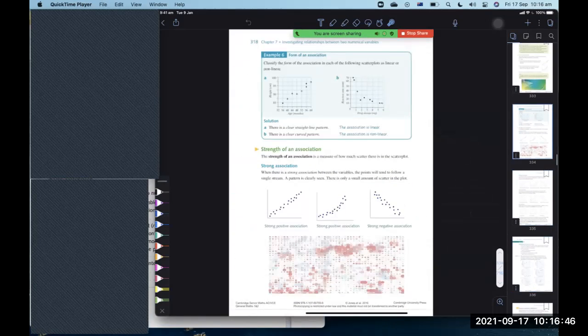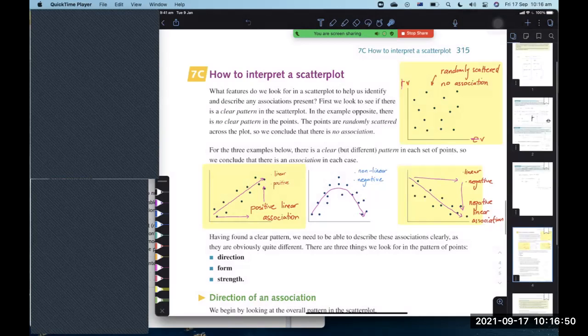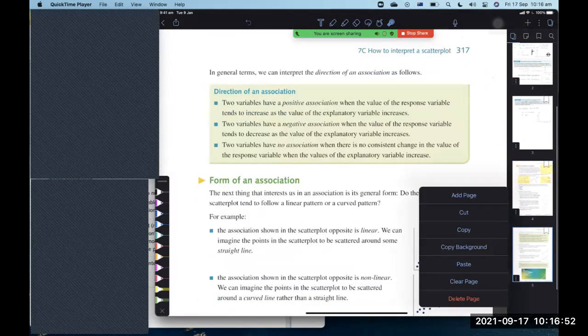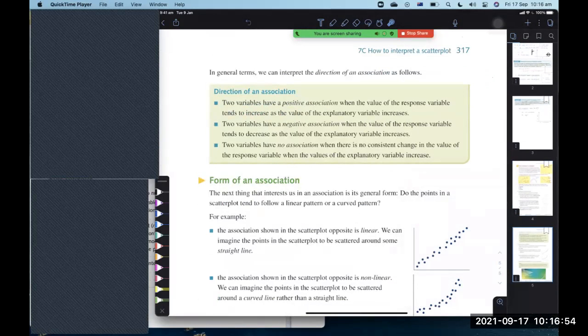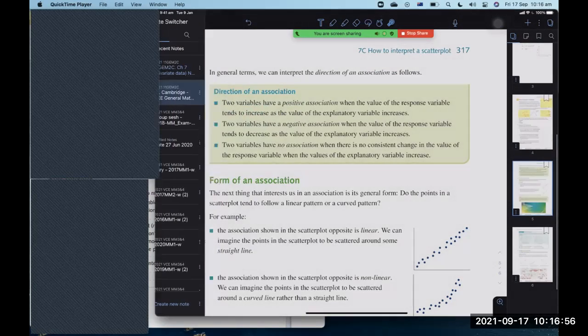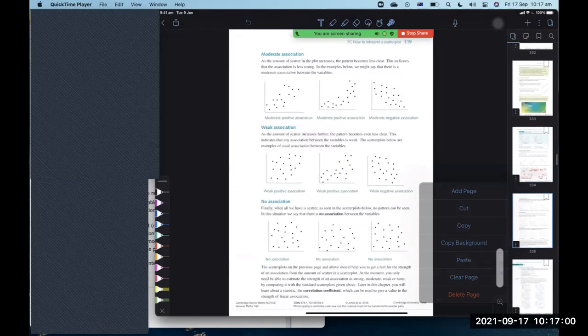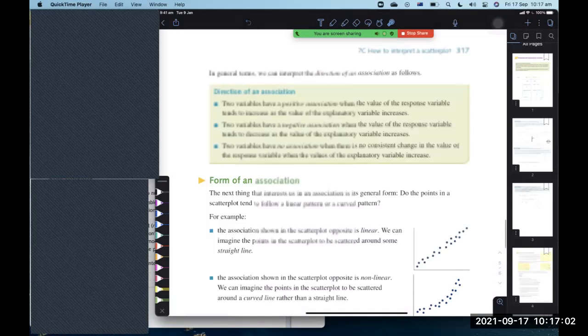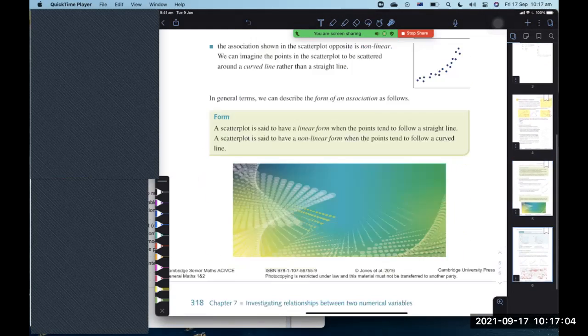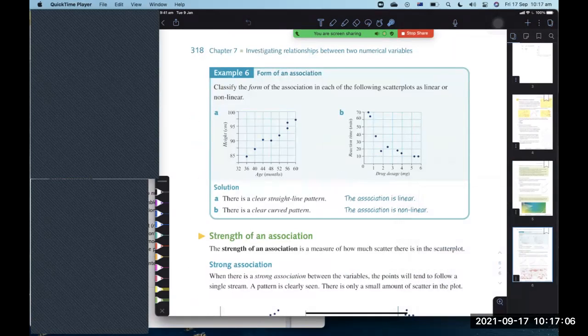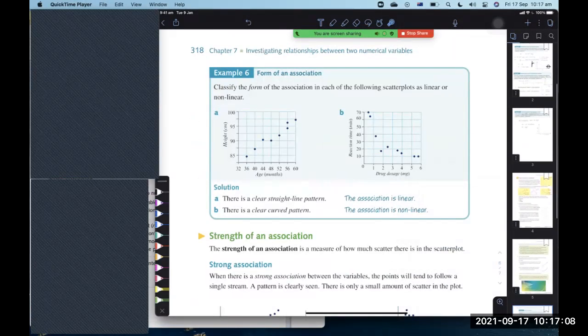When you put all these ideas together, it's going to allow you to say a lot about these graphs. Okay. And this one as well. I just want to transfer it across.